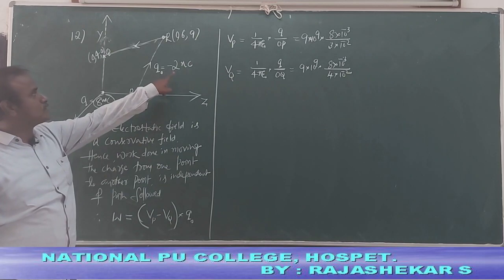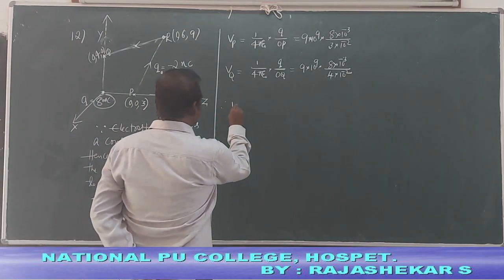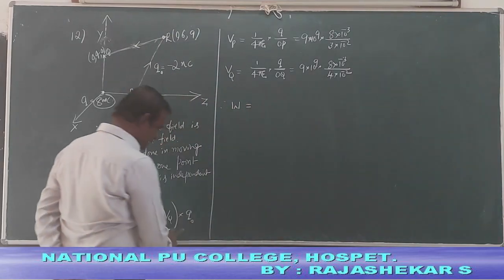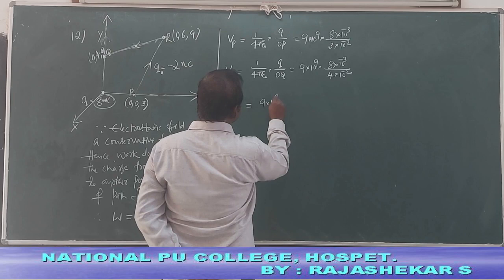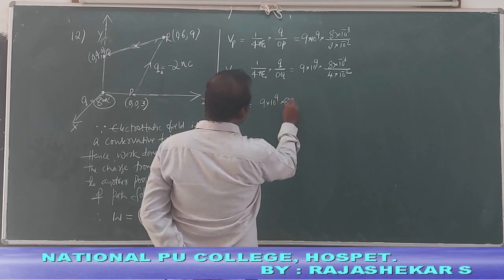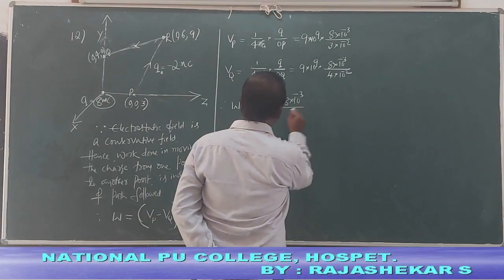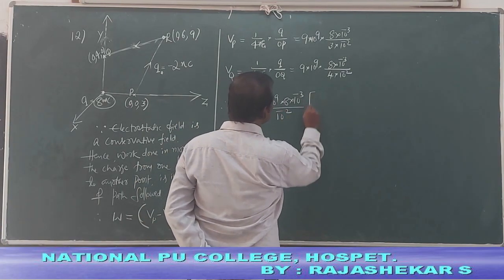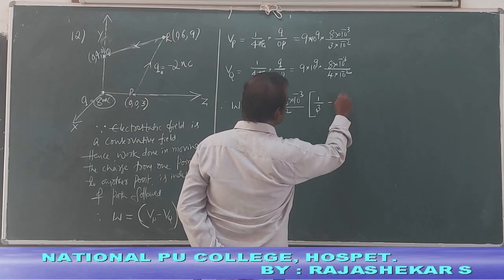And the charge is minus 2 nanocoulomb. Therefore, work done is equal to, substituting in the equation, 9 into 10 to the power 9 is common, into 8 into 10 to the power minus 3, 10 to the power minus 2 is common, we will be having 1 by 3 minus 1 by 4.